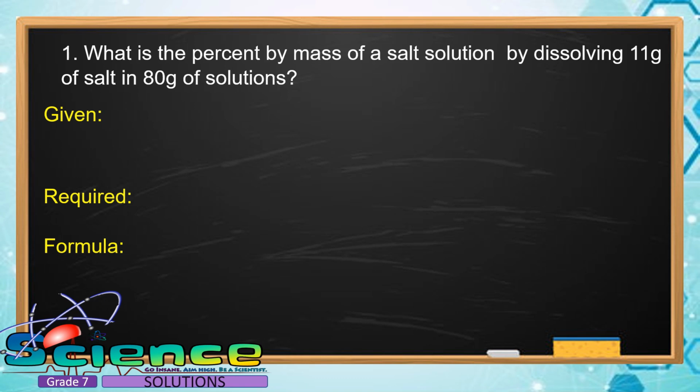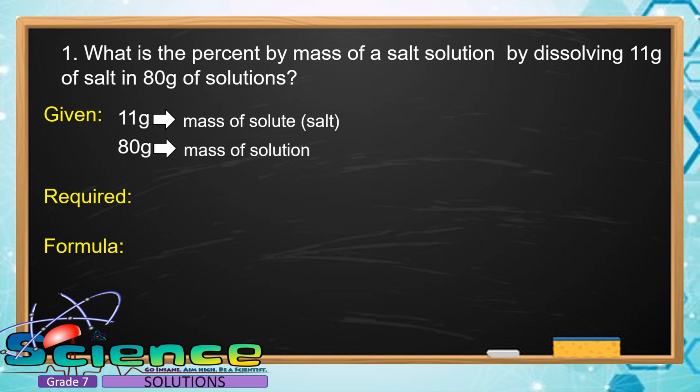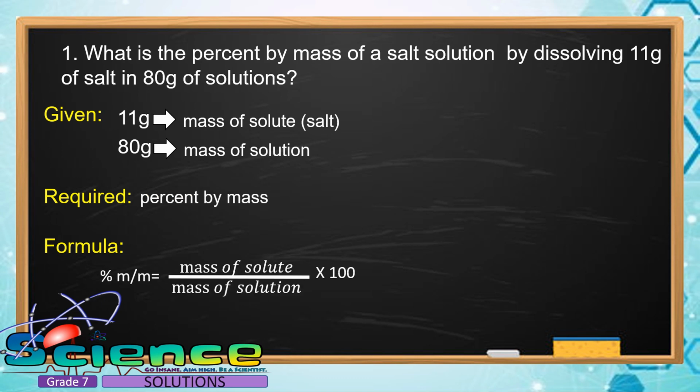In this problem, we have 11 grams as the mass of solute and 80 grams as the mass of solution. What is asked is the percent by mass. Therefore, we will use mass of solute over mass of solution multiplied by 100.